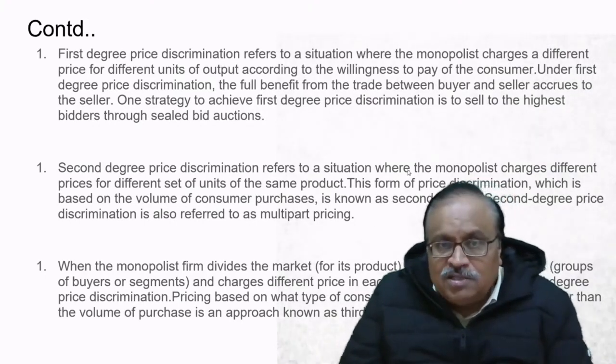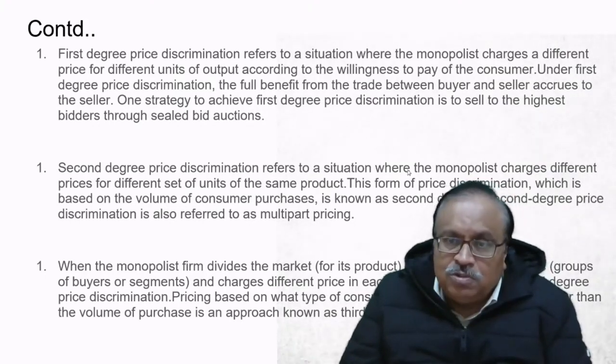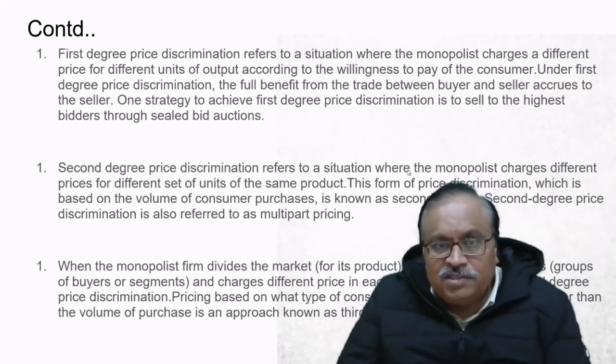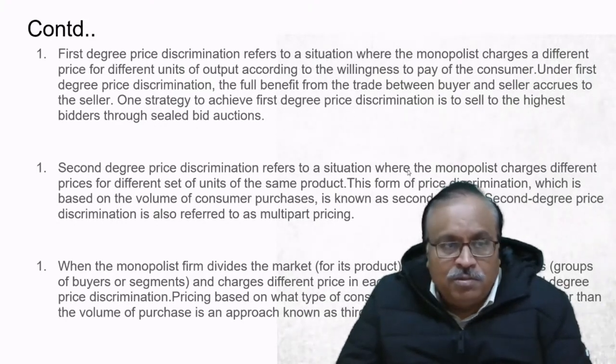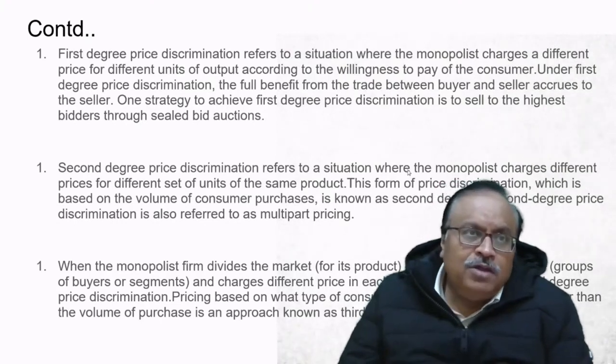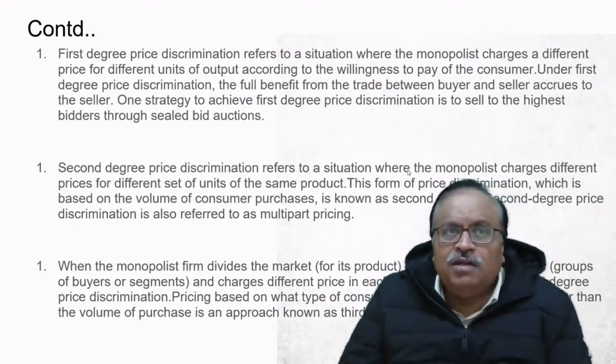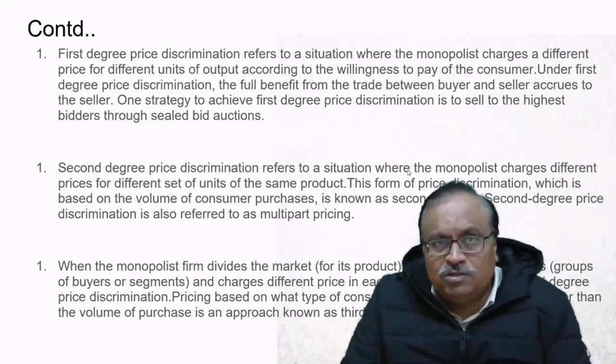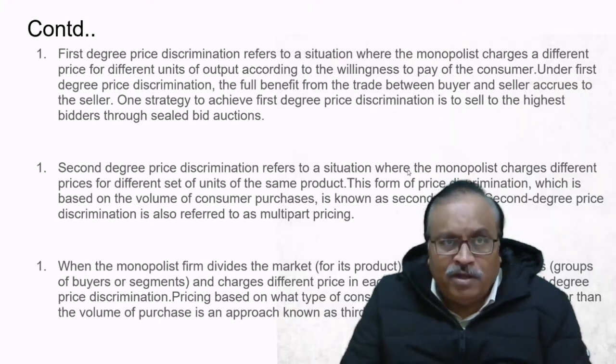Then second degree price discrimination refers to a situation where the monopolist charges different prices for different sets of units of the same product. This form of price discrimination is based on the volume of consumer purchases. Like we have seen in a lot of things, if we purchase 5 soaps at a time, we do not have to pay the price of an individual soap multiplied by 5.